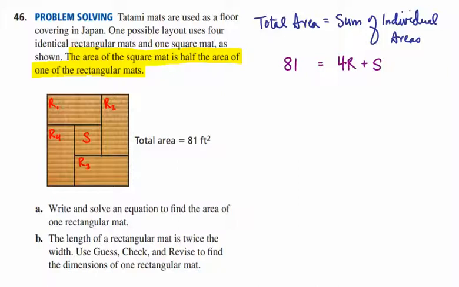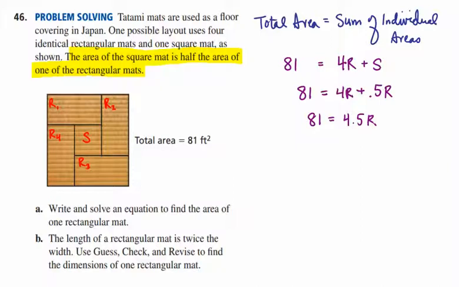So we can modify our equation to say something like 81 is equal to 4R plus, we can either use 1/2 or use 0.5R. Now we know that we can combine those like terms, and 81 is equal to 4.5 times the area of one of the rectangular mats.